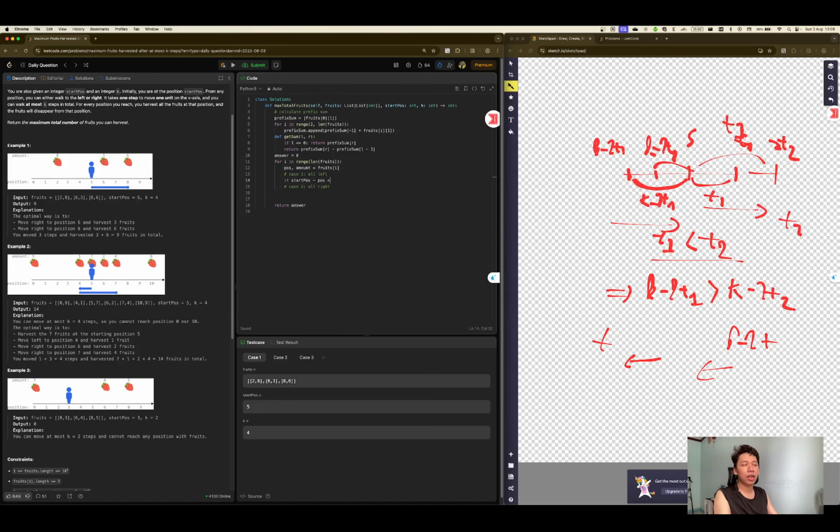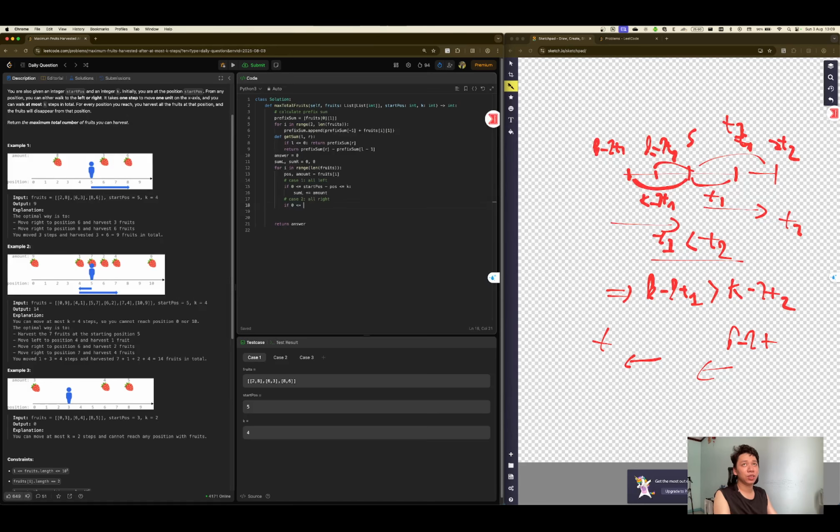must be on the left side, so this must be larger than or equal to 0, and it also must be less than k. So sum left and sum right start at 0, sum left plus amount, the same as this.